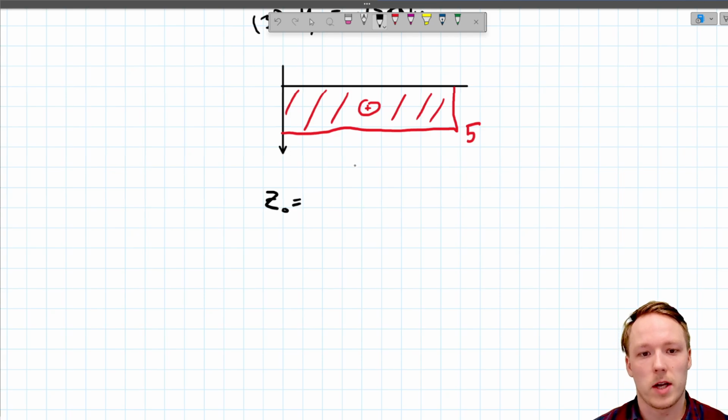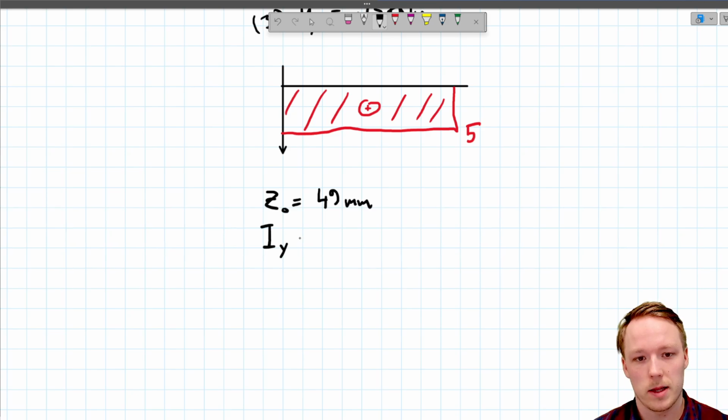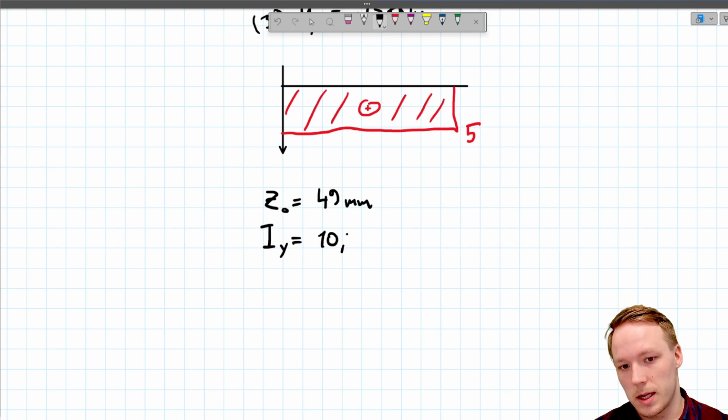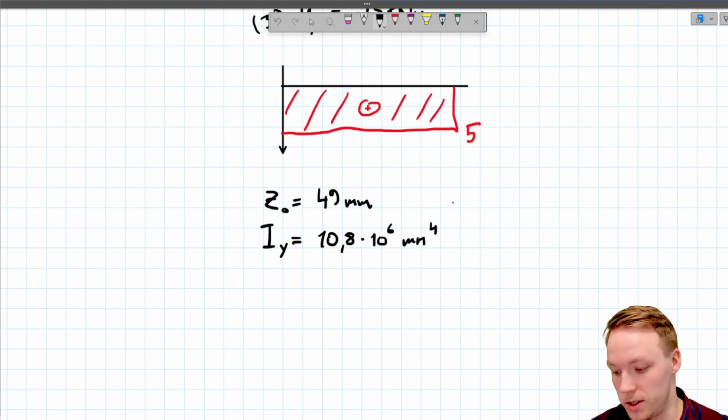When you do the calculation, Z0, you should get 49 millimeters to the location of the neutral axis of the profile. And the second moment of inertia, once you calculate that, you should get 10.8 times 10 to power 6 millimeters to the power of 4. You should be capable of calculating this yourself.